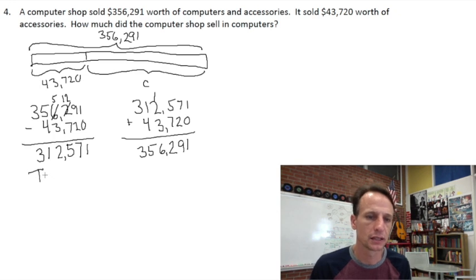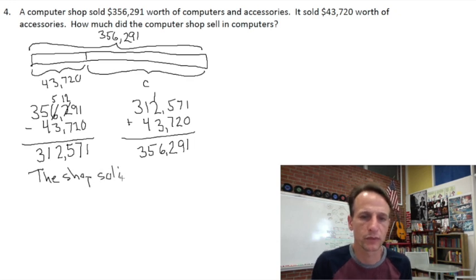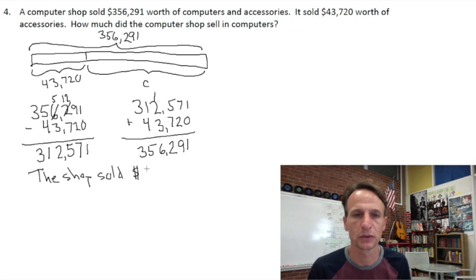The shop sold... We need a dollar sign here on this number because now we're not just calculating, we're talking about an actual dollar amount. So how much did I sell on computers? That was this, right?